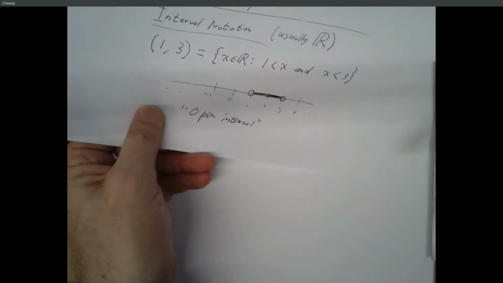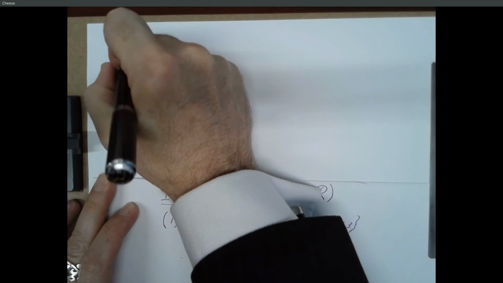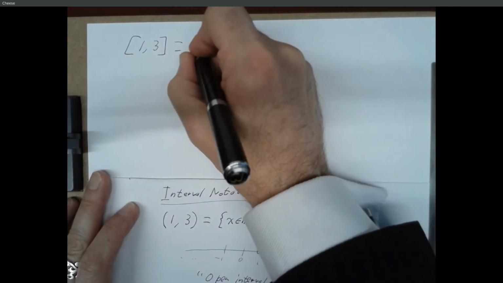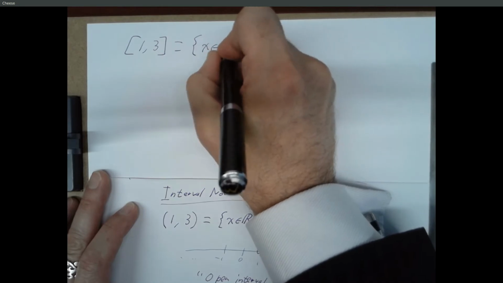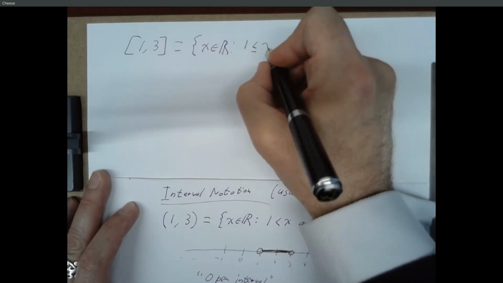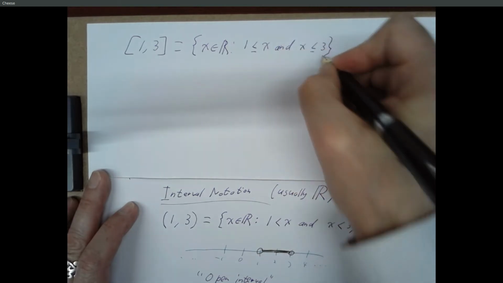In contrast to square brackets, which is the set of all real numbers such that 1 is less than or equal to x and x is less than or equal to 3.